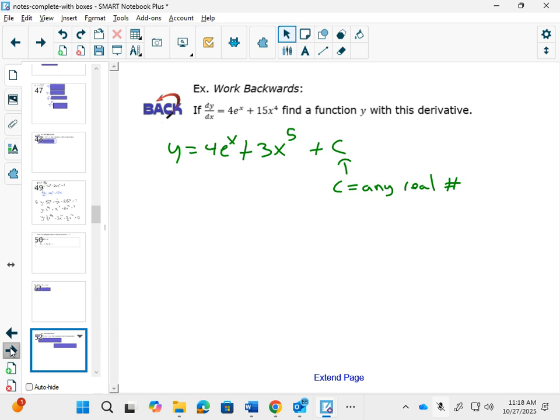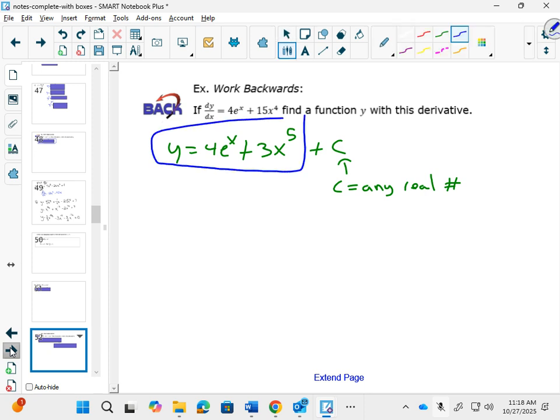And if you just wrote this part, because the question said find a function, you would be right. But had you decided to write this, what's your favorite number? 17? You could be like, I really like the number 17.